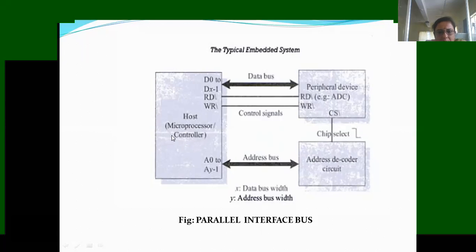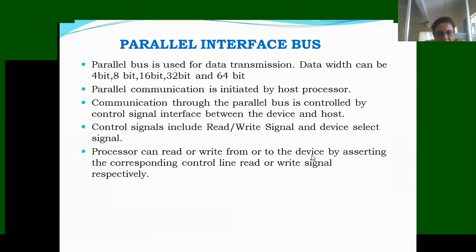Usually the microcontroller initiates the data transfer. Suppose it wants to read the data from the slave, first it will initiate a read signal, passing a command on this read signal. Then the slave will write the data, or send the data back to the microprocessor. So this is the parallel interface bus that is used in most communication systems.